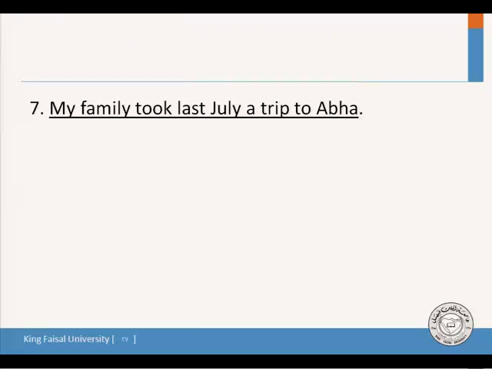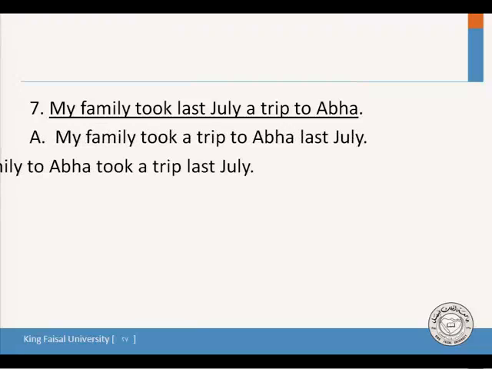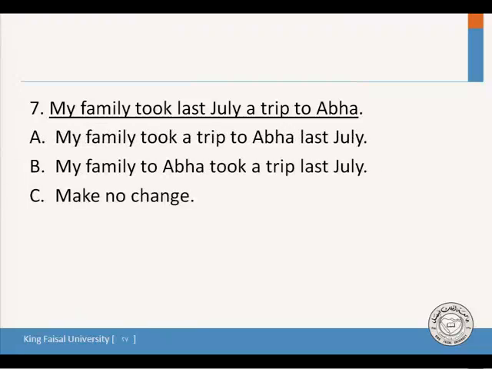My family took last July a trip to Abha. Now the whole sentence is incorrect. The order of words in the sentence is incorrect. Look at the options. My family took a trip to Abha last July, or my family to Abha took a trip last July. What do you think? Where is the subject? My family. What comes after the subject? The verb.